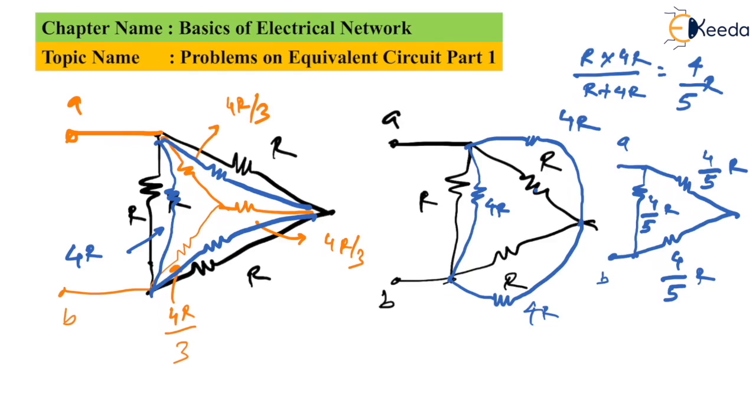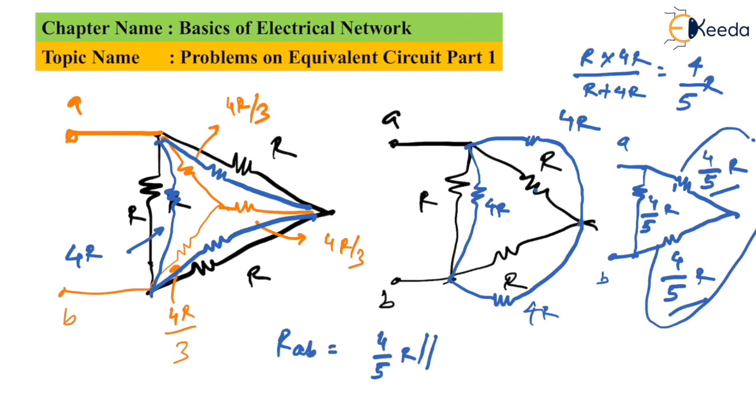So what we can see is this 4 by 5R and this 4 by 5R are in series. Therefore, the addition becomes 8 by 5R. So I can now say that RAB will be equal to 4 by 5R, which comes in parallel with the series combination of this, which is 8 by 5R.